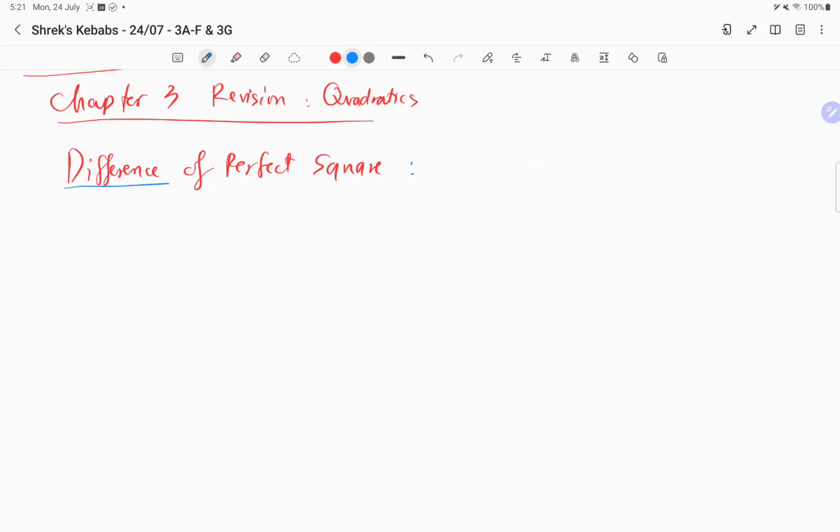So it is a squared minus b squared, equals brackets a plus b and brackets a minus b. Yes, this is the idea of difference of perfect squares. The difference is a subtraction, and these two are perfect squares.